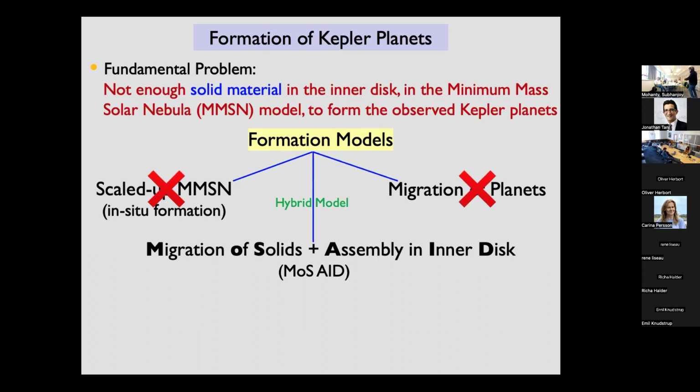We know that this kind of flow already happens because the dust and the gas have dynamical interactions. And basically the dust faces a headwind from the gas and it is robbed of angular momentum and it flows inwards. And we see evidence of that already in ALMA observations. Okay, so you have all the solid materials in the outer disk, migrate them inwards, and assemble them into a planet in the inner disk.